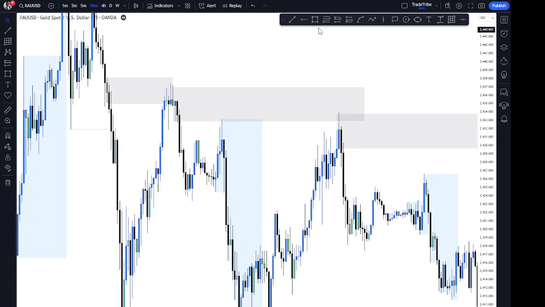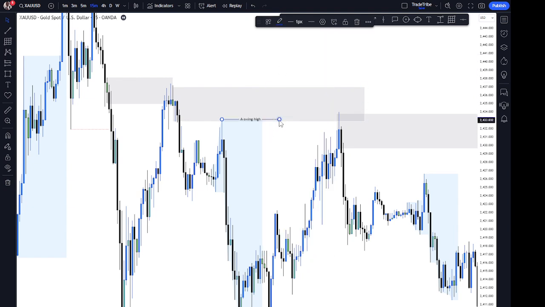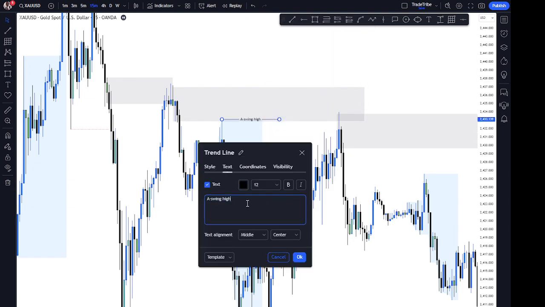It came and above it there was what? This Asian high, which is now our liquidity. Asian high plus what? Plus liquidity.